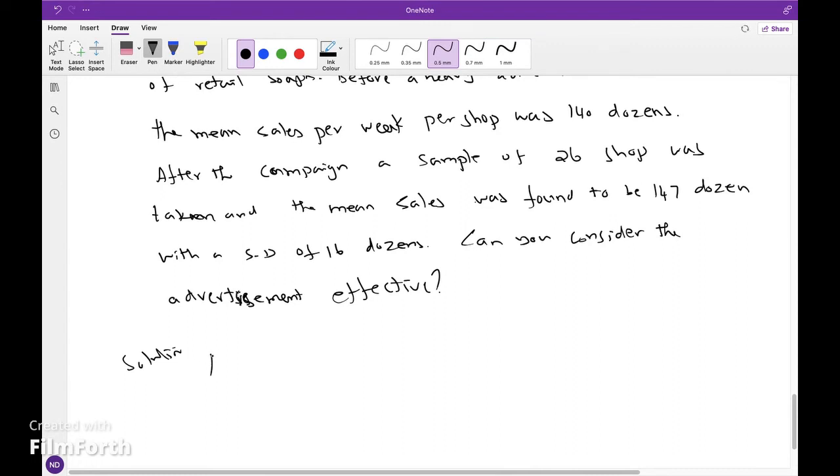Solution. mu given 140 dozen, n is equal to 26, x bar given 147 dozen and s given 16 dozen. Since n is less than 30, it is a small sample.